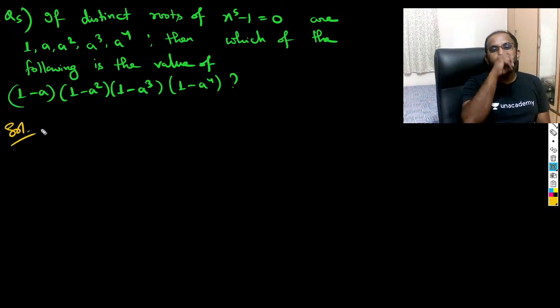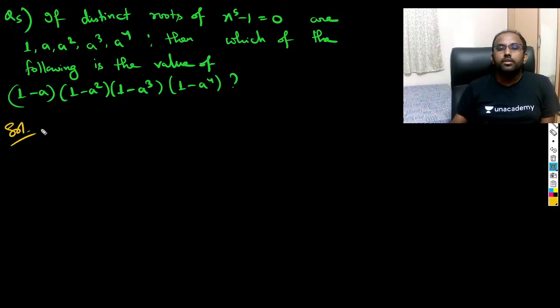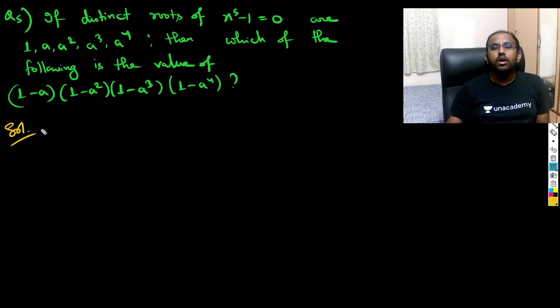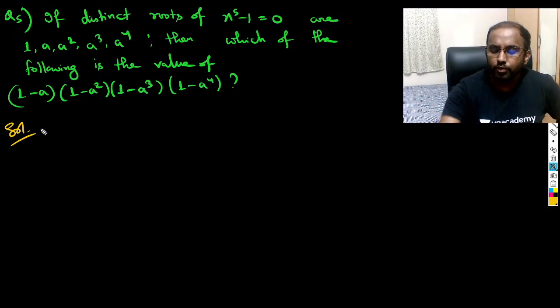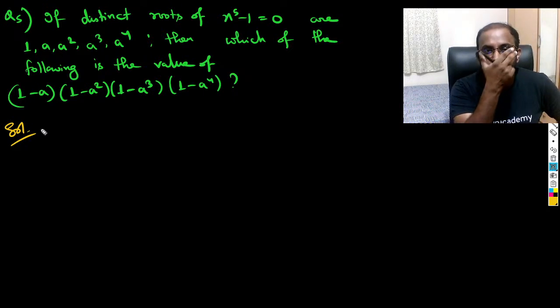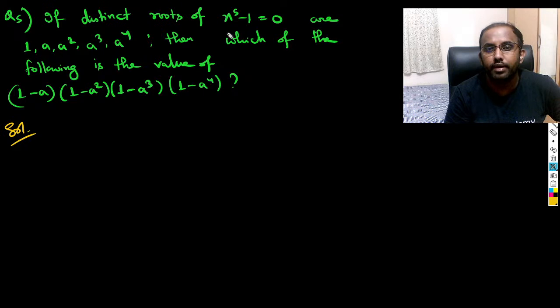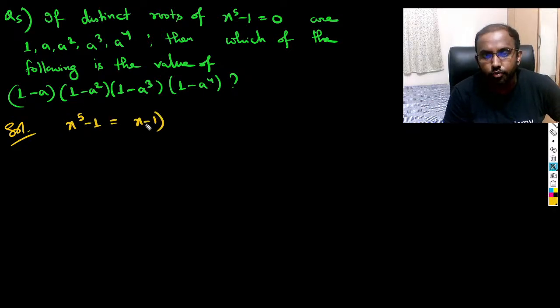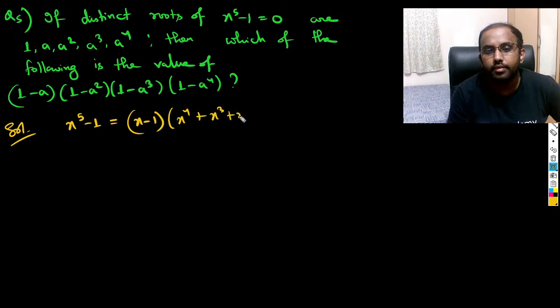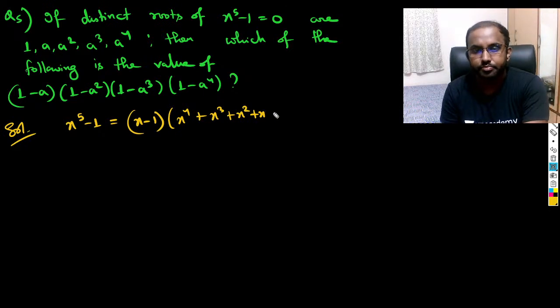To revise this concept of algebra, this is called distinct roots, which is a bit of binomial theorem also. If the distinct roots of x raised to 5 minus 1 are these, then x raised to 5 minus 1 can be written as x minus 1 into x4 plus x cube plus x square plus x plus 1.